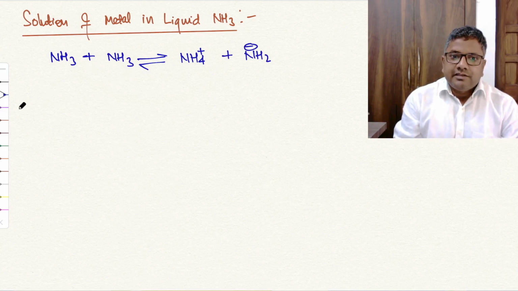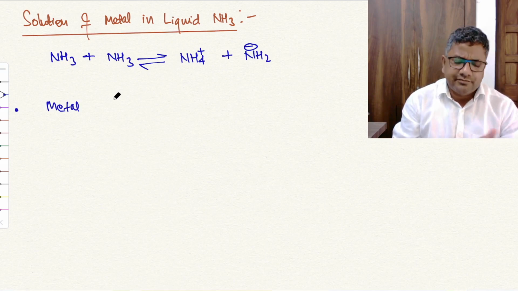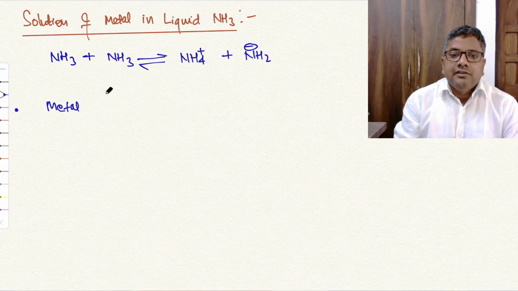Suppose you take a metal of the first group, or even a few metals of the second group, and put it in liquid ammonia.